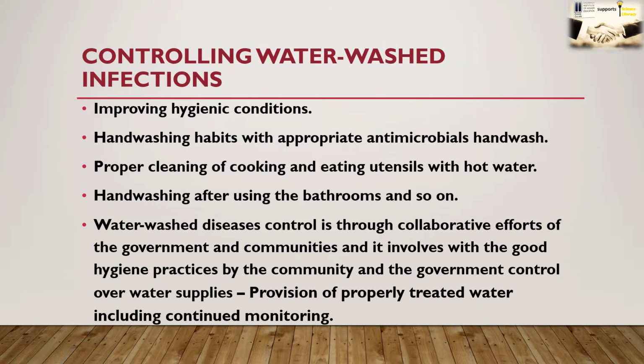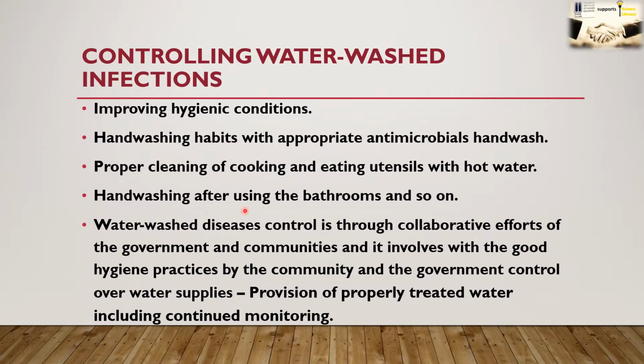Ulcers. There are several different ways which can be implemented for controlling water-wash infections. The most important one is improving hygienic conditions, developing hand washing habits with appropriate antimicrobial hand wash, and proper cleaning of cooking and eating utensils with hot water.